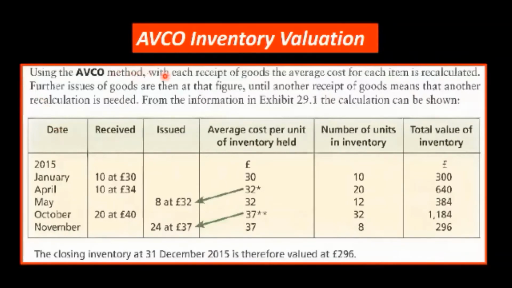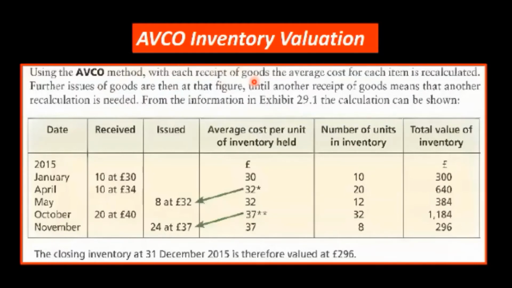Using the AVCO method, with each receipt of goods, as when you buy goods, the average cost of each item is recalculated. Further issues of goods are then at that figure until another receipt of goods means that another recalculation is due. So basically, after any time you buy goods, the average cost would change.